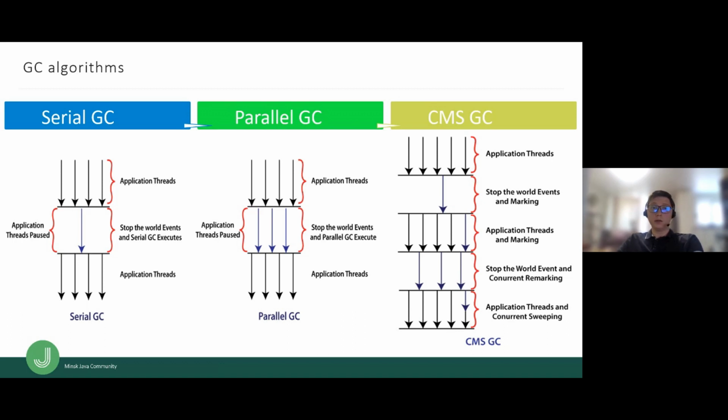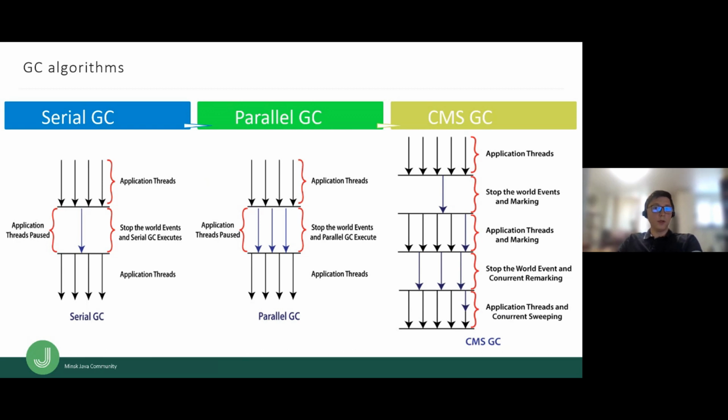Next is the concurrent mark sweep implementation. Its implementation uses multiple garbage collector threads for garbage collection. It's designed for applications that prefer shorter garbage collection pauses and can afford to share processor resources with the garbage collector while the application is running.